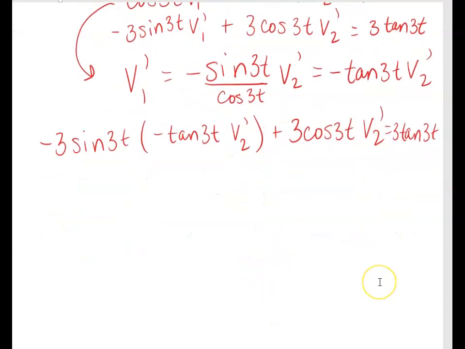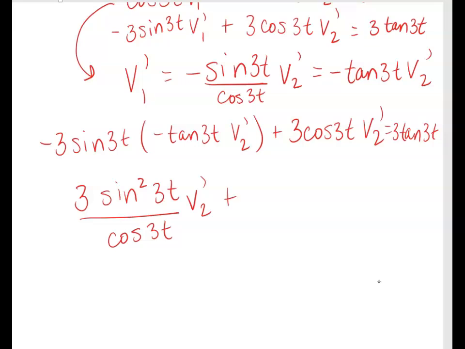So let's do a little bit of algebra here. Sine times tangent, tangent is sine over cosine, so that first term becomes a positive 3 sine squared of 3t over cosine of 3t times v2 prime plus 3 cosine of 3t times v2 prime equals 3 tangent of 3t.